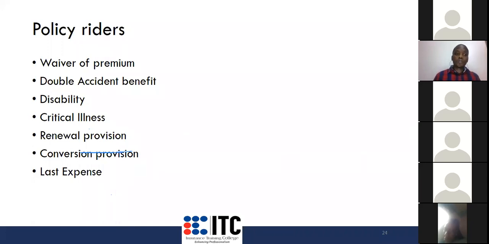It can be a percentage of the sum assured, usually 30% or 50%, paid in the event of disability. Disability is defined based on someone's ability to gain gainful employment or to continue to earn an income. It depends on how the insurance company has defined it, but at the end of the day, we're looking at disability in relation to your ability to work rather than just any disability.